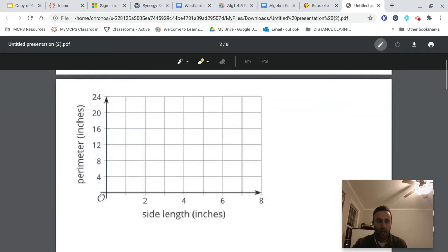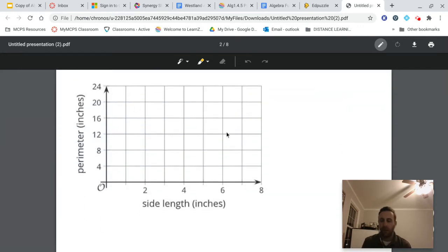So the first question is about the perimeter of a triangle and the side lengths.